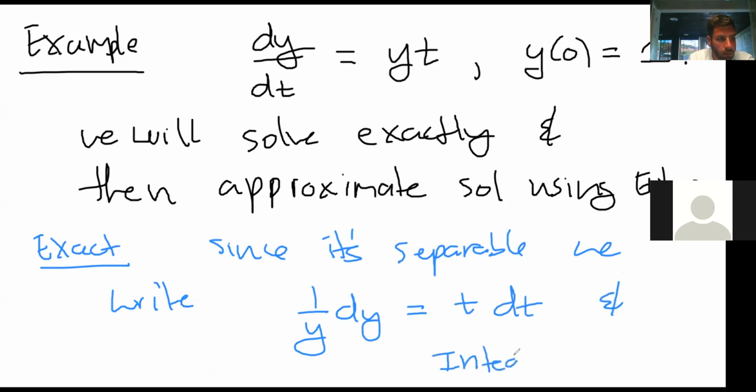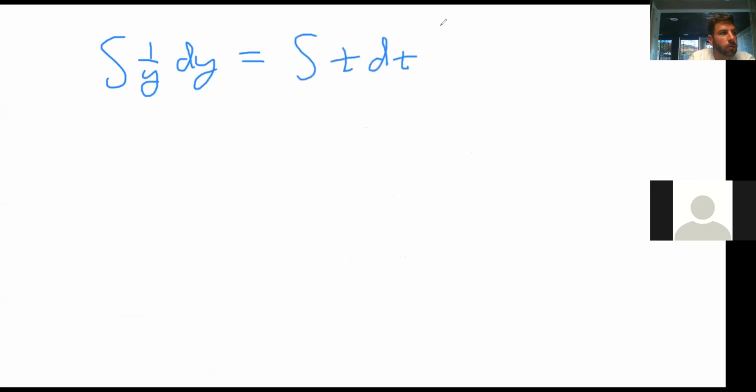So this was the symbolic strategy that worked. Again, I'm separating my variables. My dependent variable is y. My independent variable is t. So that means I'm going to write this as the integral of 1 over y dy equal to the integral of t dt. And these are both elementary integrals.